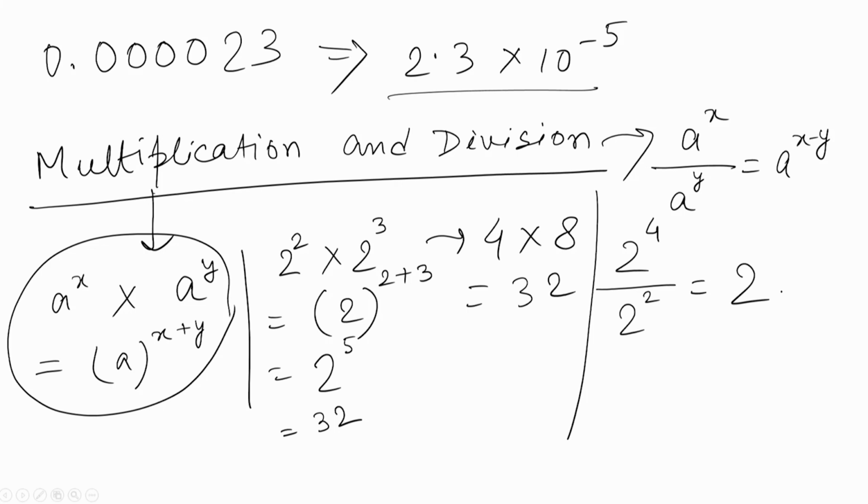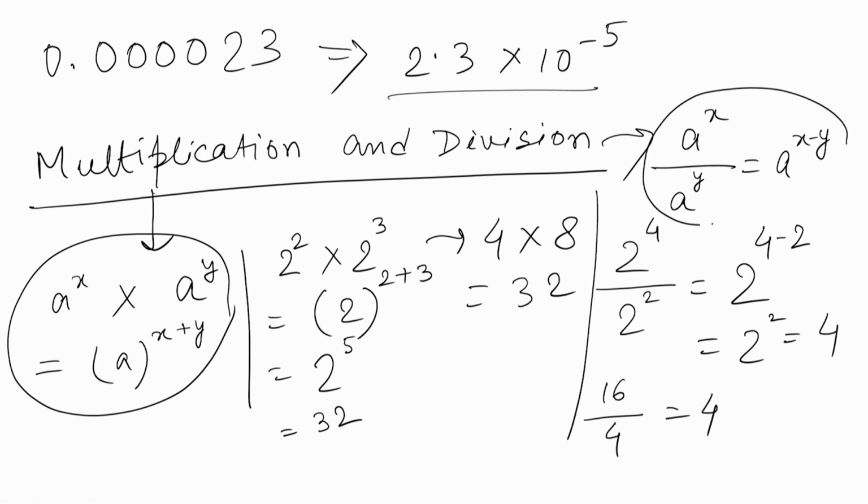So we can say 2 to the power 4 minus 2, that is 2 to the power 2, that is 4. Now if we match it by doing it separately, 2 to the power 4 is 16 divided by 2 square, that is 4. So we get 4. This is the rule for division of indices. This same method is used for the multiplication and division of scientific notations.